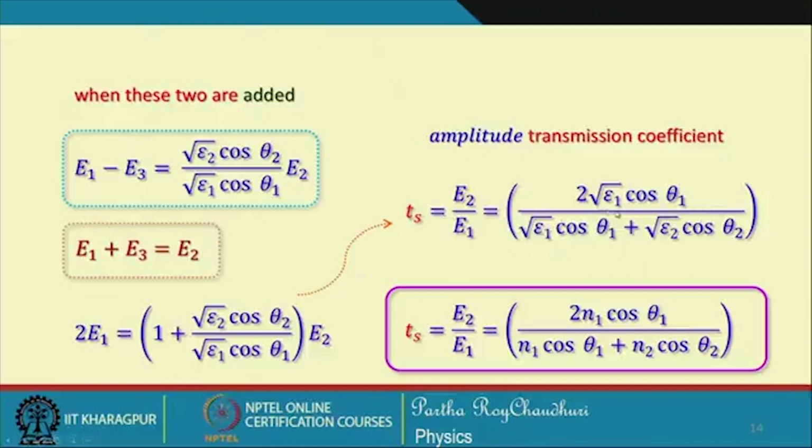If I use the property that epsilon 1 is equal to n1 square, epsilon 2 equal to n2 square, then you can rewrite the expression for the transmission amplitude for the S polarized wave in this form, that is twice n1 cosine theta 1, which is a very well known equation for the polarization of optical waves at the interface.